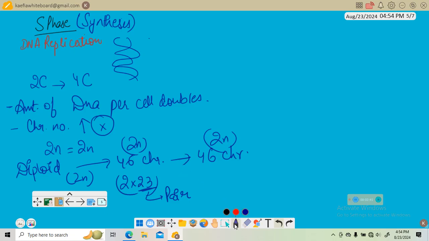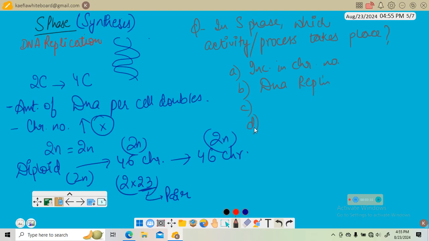So now the question comes: in S phase, which activity, or you can say which process, takes place? This is an objective question. Is it an increase in chromosome number, is it DNA replication?